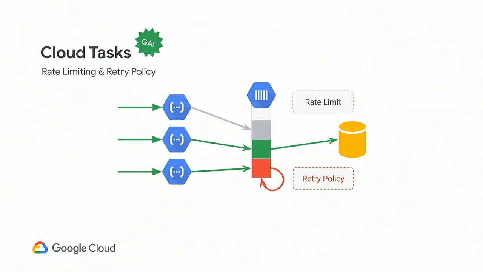Those Cloud Functions are enqueuing tasks onto a queue. The queue itself has a rate limit. So no matter what, the back-end system is not going to be overloaded. And so you just have that rate limit match whatever the capacity of your back end is. If, for whatever reason, some request fails on that back end, you can configure a retry policy so that there's an element of durability and reliability to it.